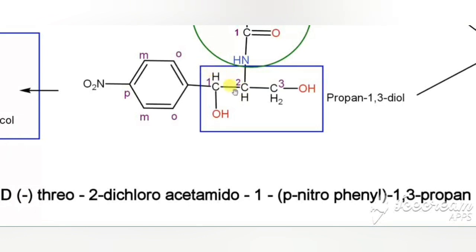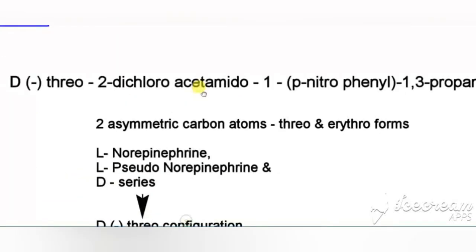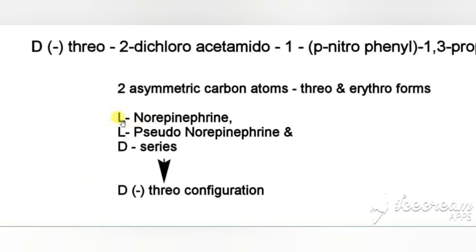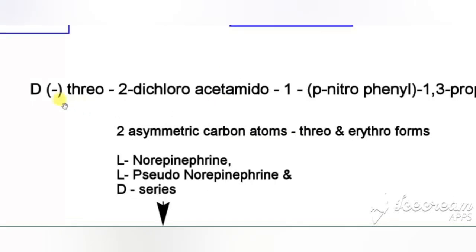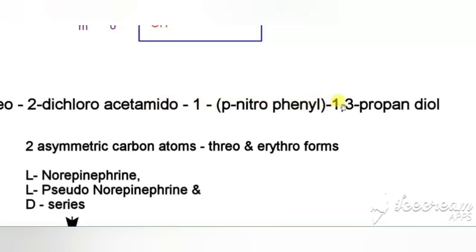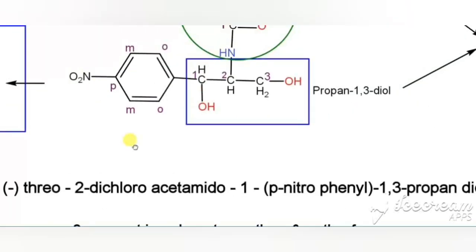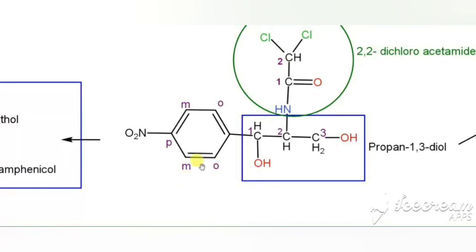They are attached on the opposite side, that's why it is called threo. So it is the threo form. While comparing with the structure of L-norepinephrine, L-pseudonorepinephrine and the D series, it gets the D-threo configuration. That's why it gets the name D-threo-2-dichloroacetamido-1-paranitrophenyl-1,3-propanediol. That is the chemical name for chloramphenicol.